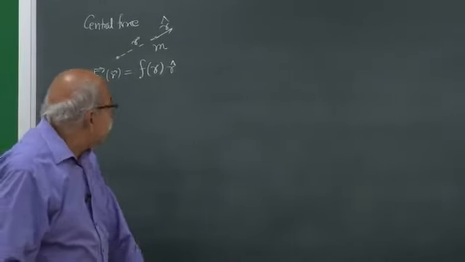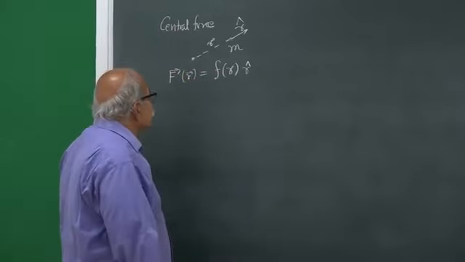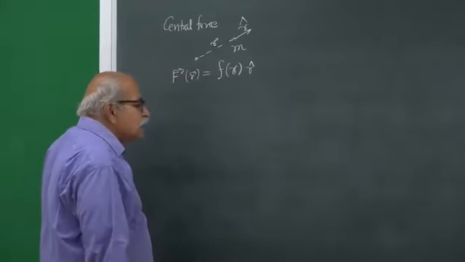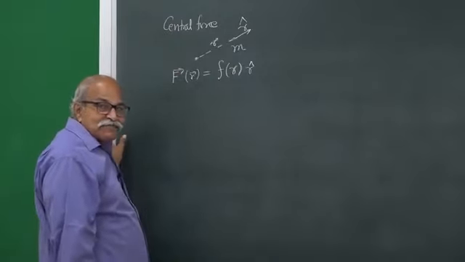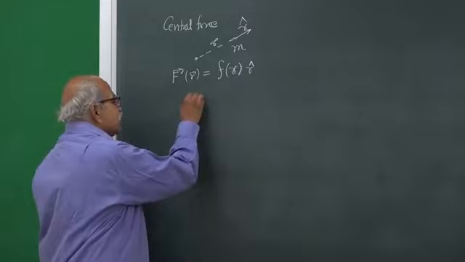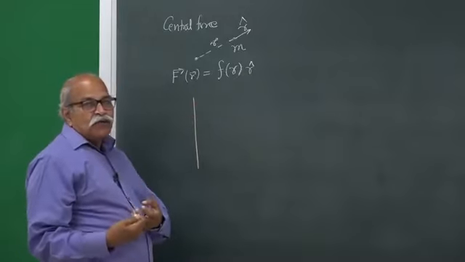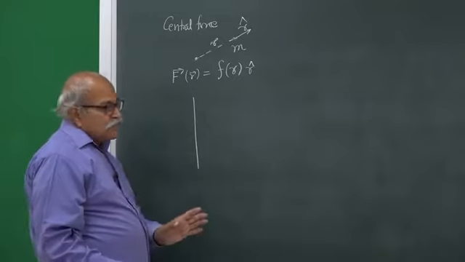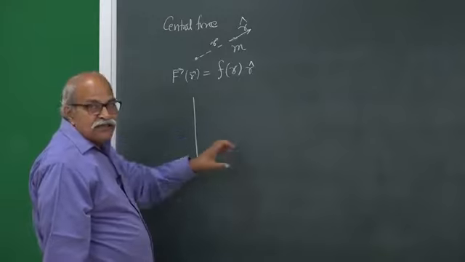Now, suppose this particle is acted upon by this central force, and we ask what is the angular momentum of the particle. How do I write the angular momentum of the particle? First let us take some axes, and in this process I will be telling you more about another coordinate system in 2 dimensions, which is known as plane polar coordinates.